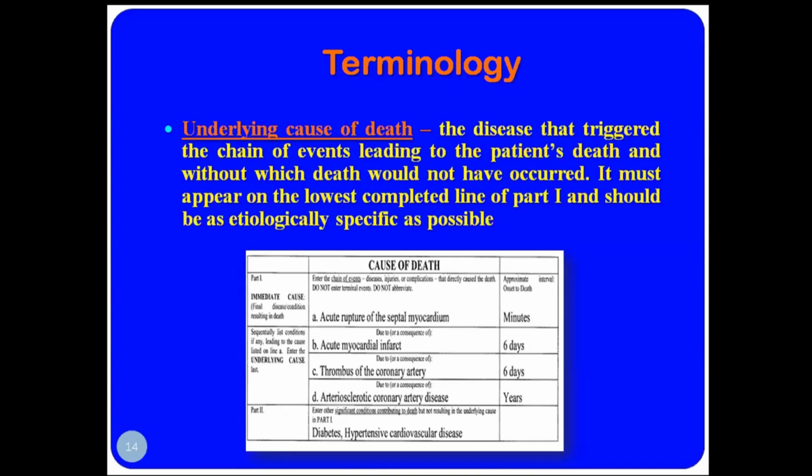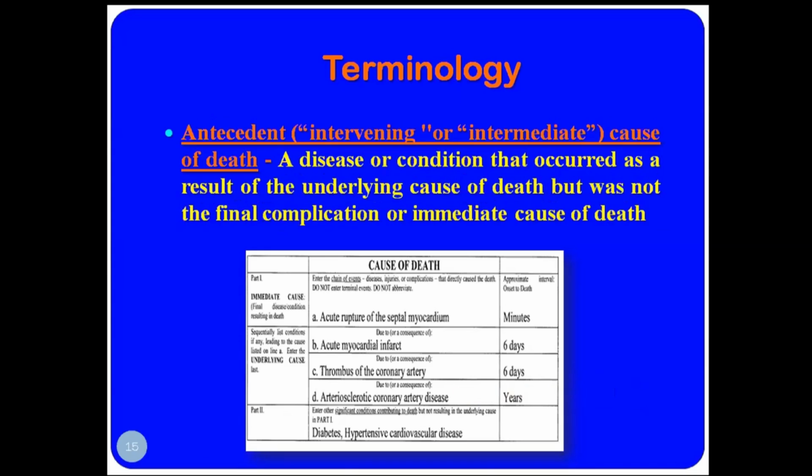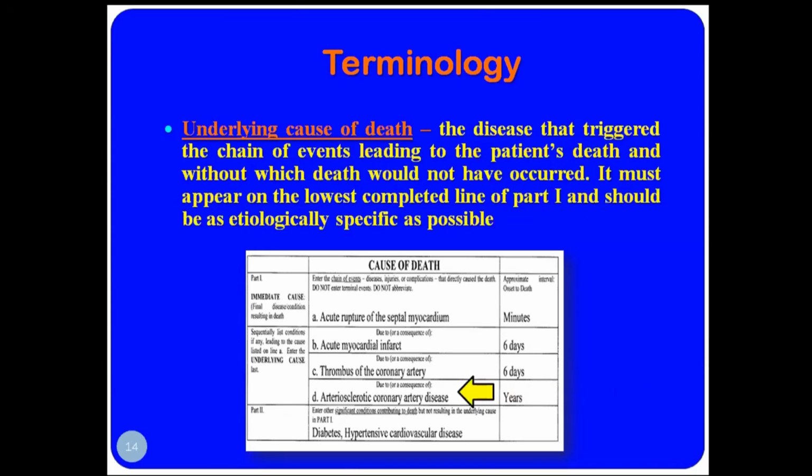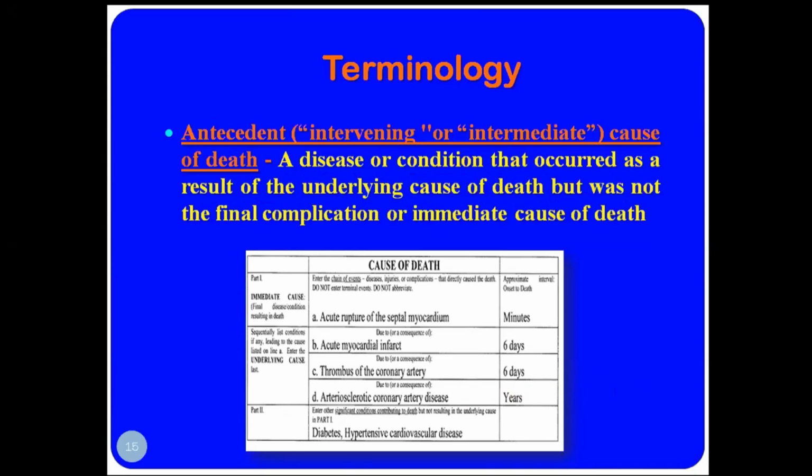And this is just to give you an example, like atherosclerotic coronary artery disease. So you have to be very specific for the underlying cause of death. Then come the antecedent, intervening, or intermediate causes of death: a disease or condition that occurred as a result of the underlying cause of death.